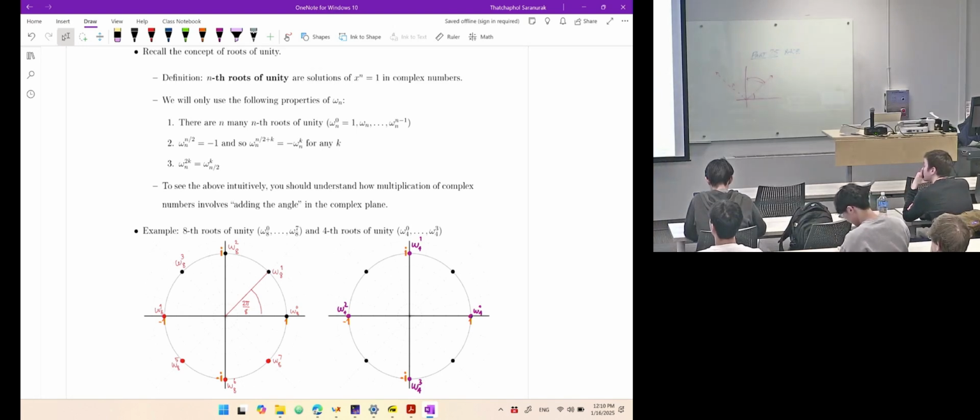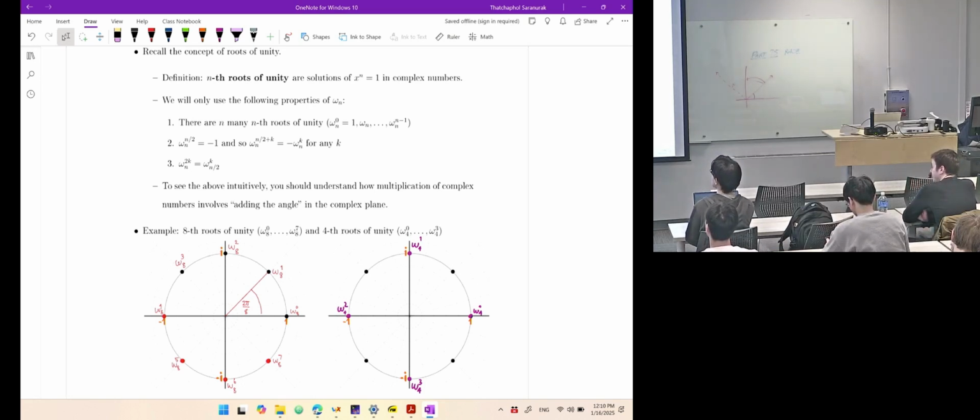Another thing that I need is that if you look at the nth root of unity, powered by n over 2, then this is going to be exactly -1. For example, omega 8 to the 1, and then do it 4 times: omega 8 to the 4 is exactly -1. The same for omega 4 to the 2, omega 4 squared is just -1.